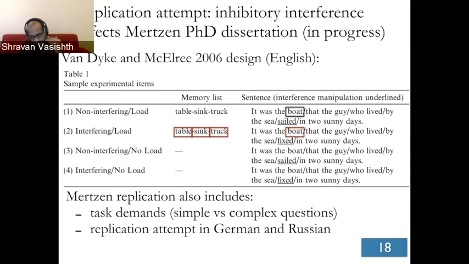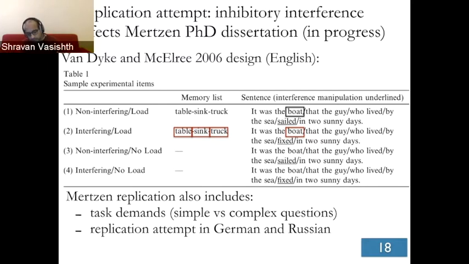The same 80 subjects were asked to do the same experiment with different items. In the first trial, they were asked to read the sentences and answer very simple questions about the sentence. A simple question would be something like, was the word boat mentioned in the sentence?